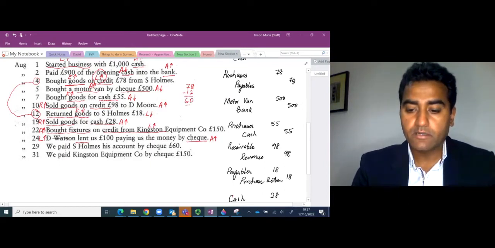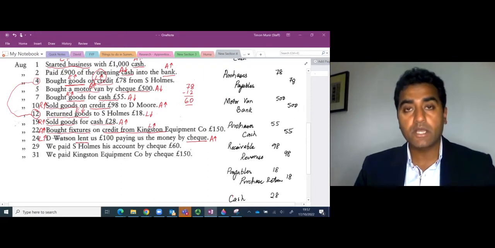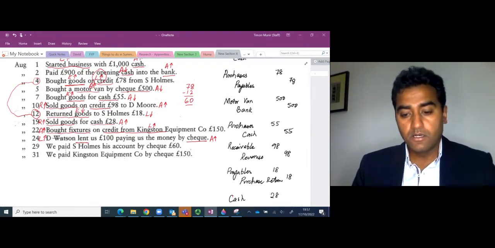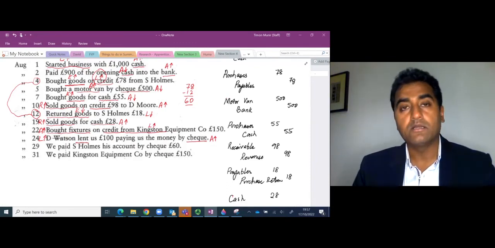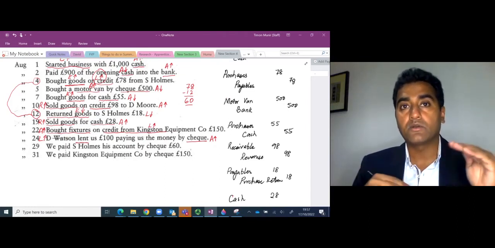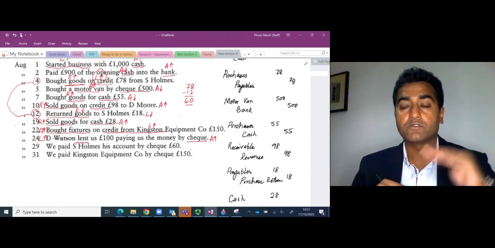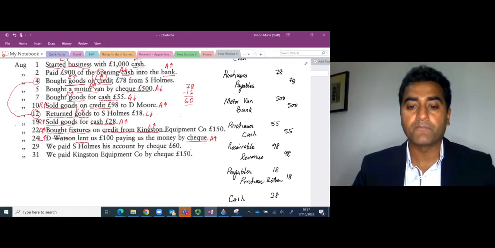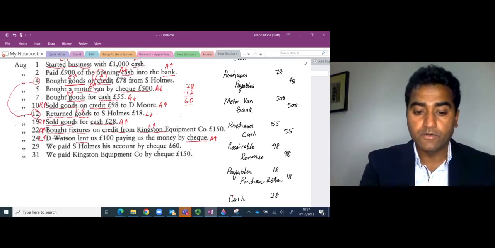Therefore, the outstanding balance was £60, and today we are clearing that balance. Remember, S. Holmes was my liability, and today when I'm paying £60, the liability is going down to 0. So liability is decreasing.